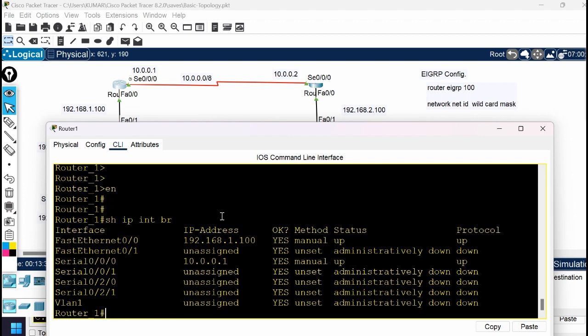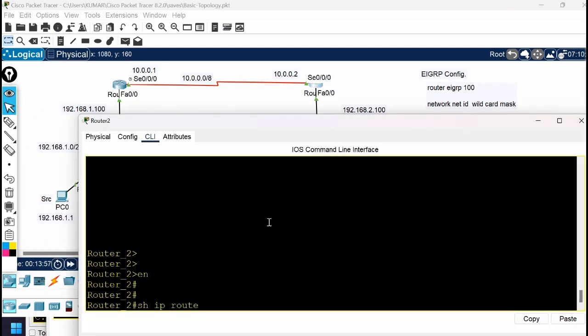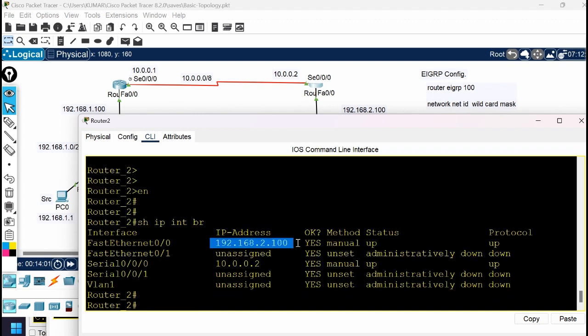As you can see, 192.168.1.100 is configured on FastEthernet 0/0, your LAN interface, and for WAN, this is the IP address. For this router, enable, show IP interface brief. You see 2.100 is configured on FastEthernet and 10.2 is configured on the serial interface here.